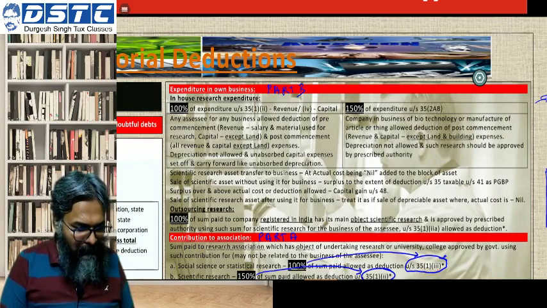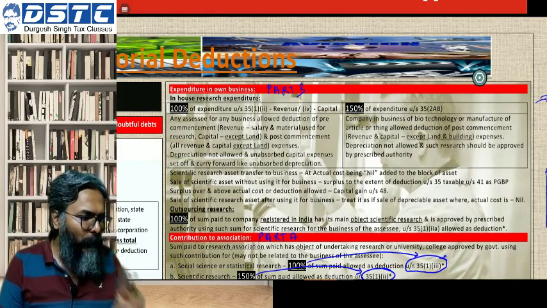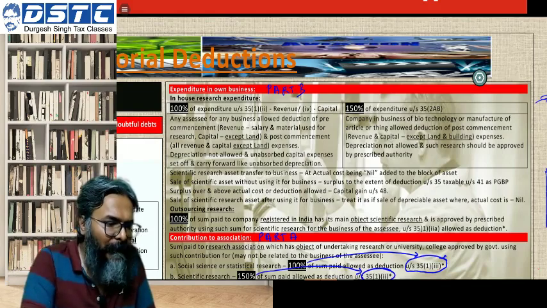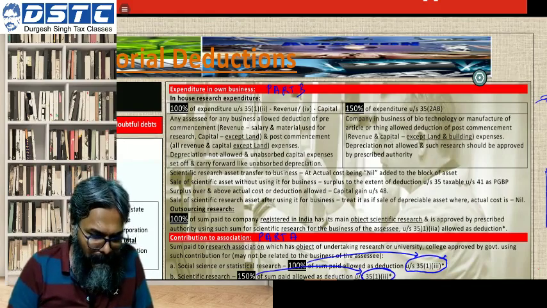Fine, students. Now then, all of you, quickly, 2 minutes time I am giving to you. Just read this particular part, 100% and 150%. Quickly.